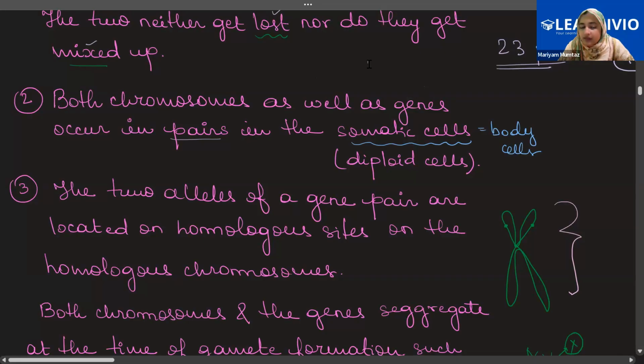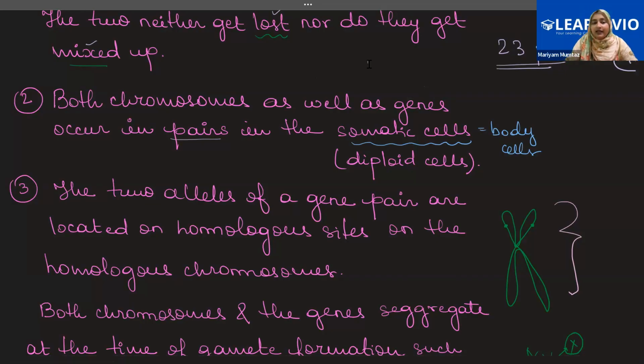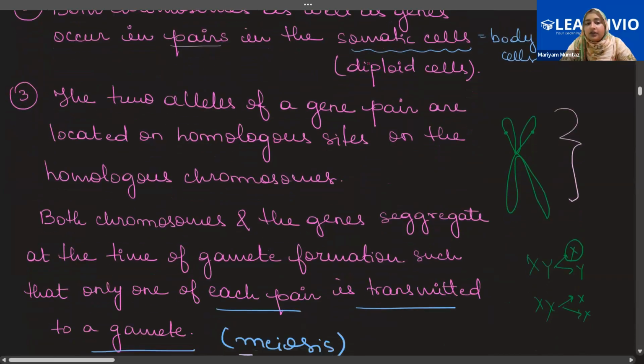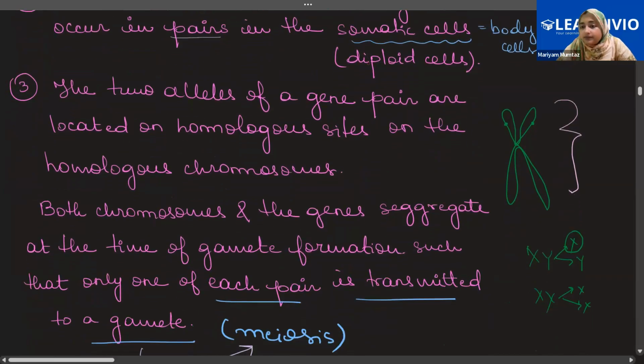We are talking about somatic cells, the body cells, not the gametes. The body cells are diploid because they have two sets present, whether it is the two sets of genes or the chromosomes, both of them appear in pair.